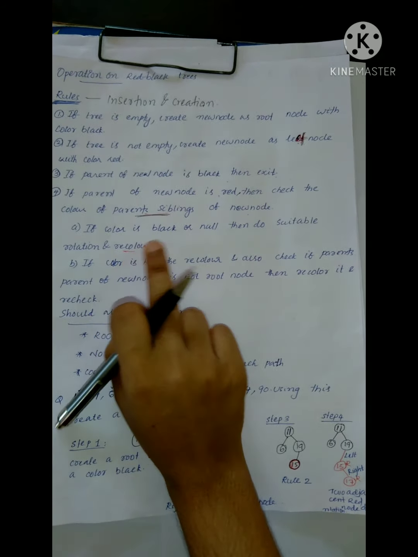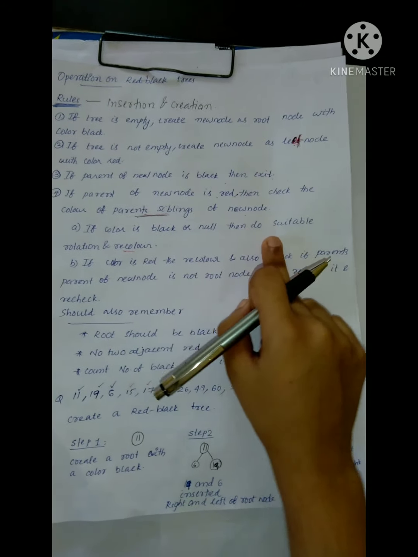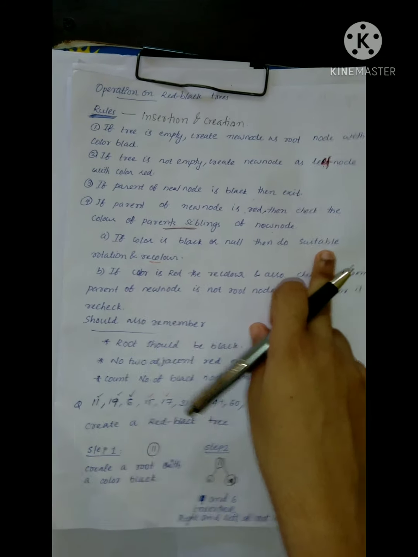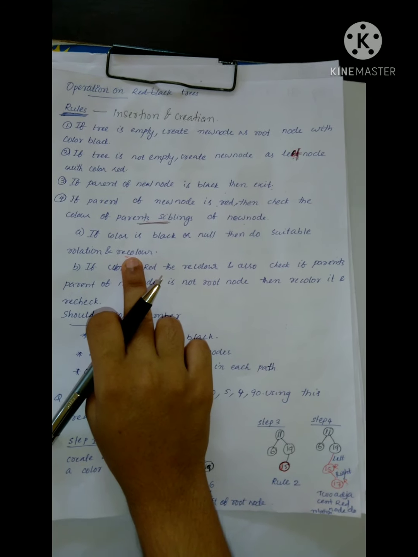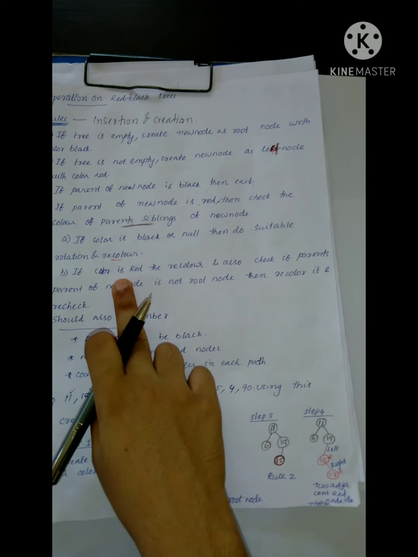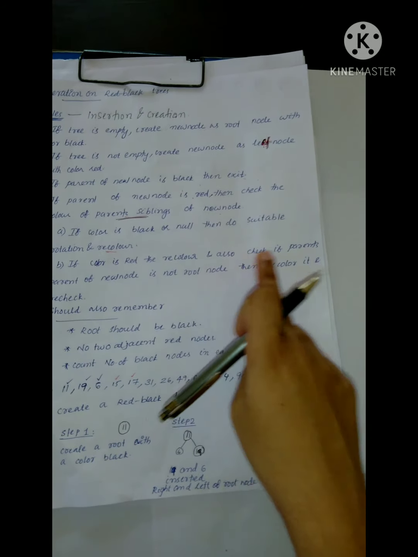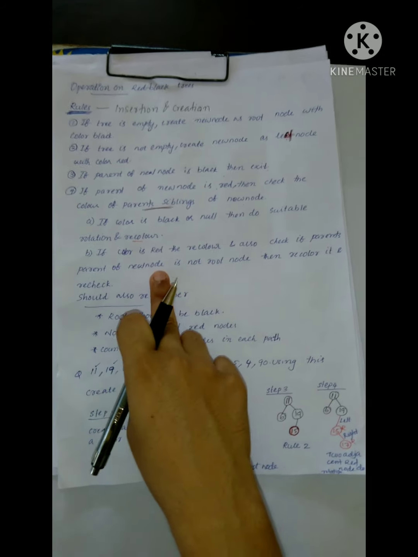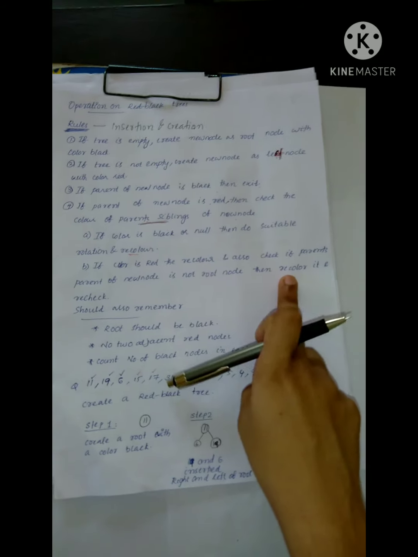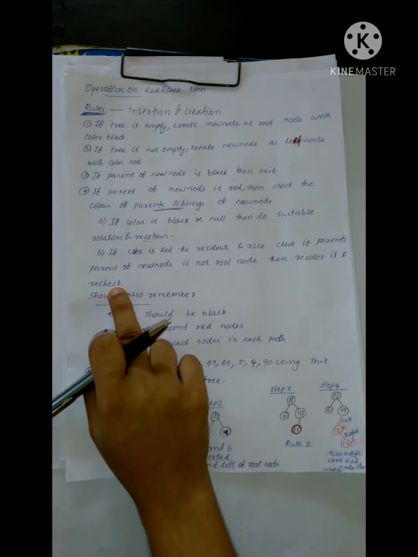If the parent's sibling is red, then recolor, and also check: if the parent of the new node is not the root node, then recolor it and recheck.